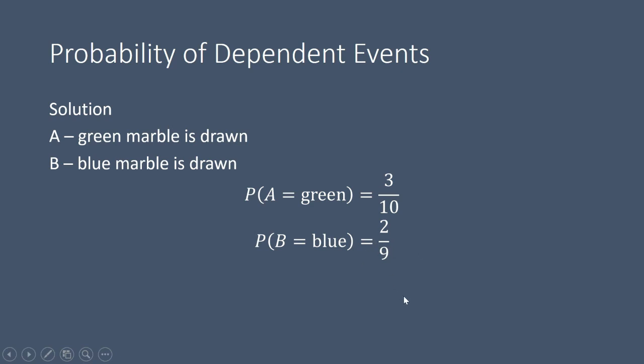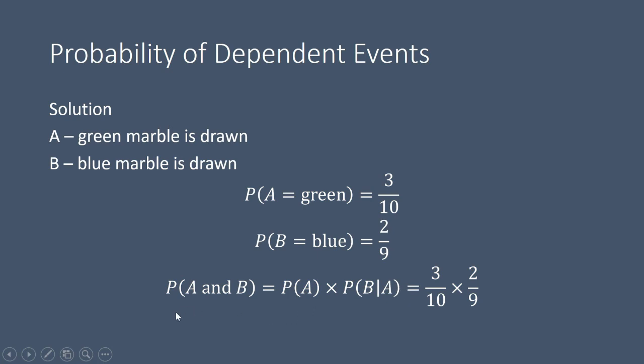Using the probability formula for dependent events, the probability that A and B will happen is equal to P of A, the probability that a green marble is drawn, which is 3 over 10, times 2 over 9.